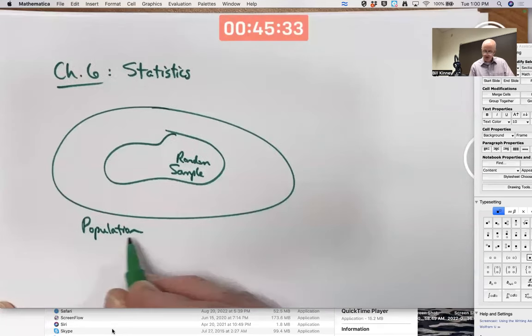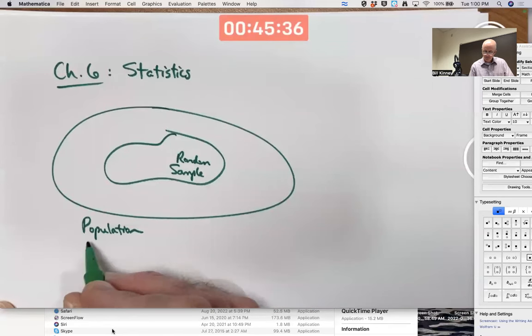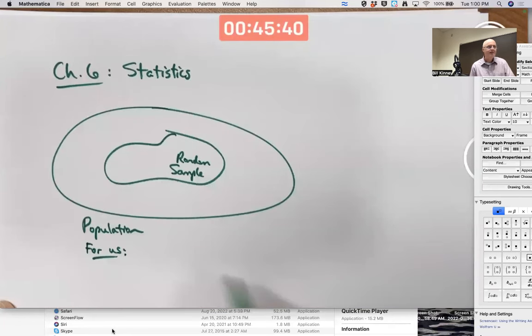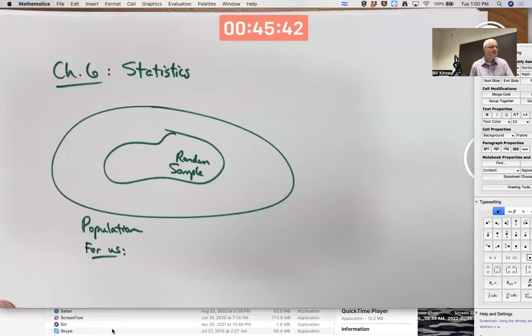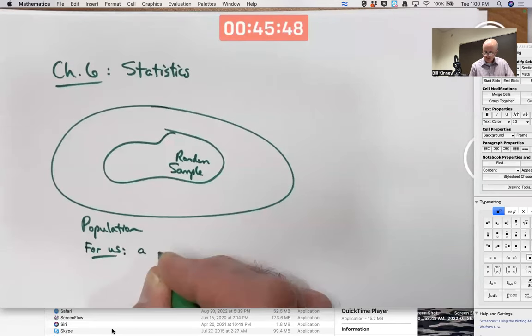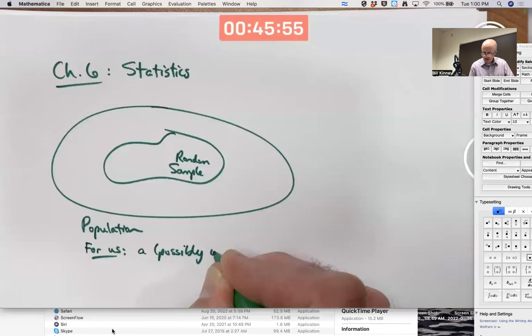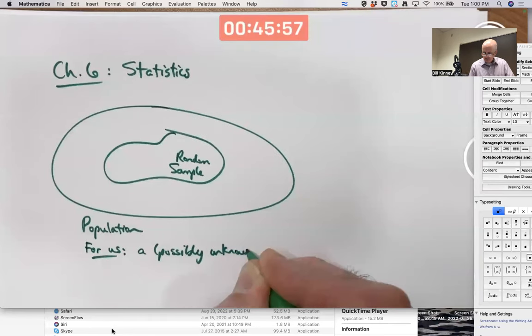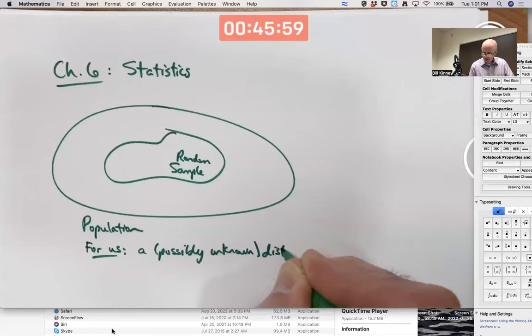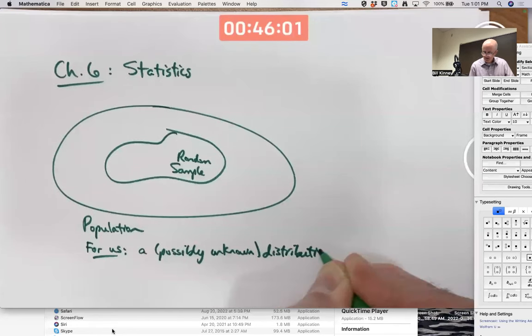The population for us is going to essentially be a possibly unknown distribution, you could say. What do I mean when I say that?